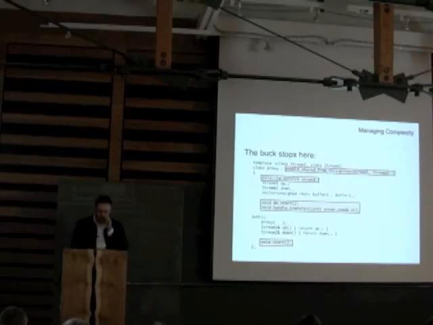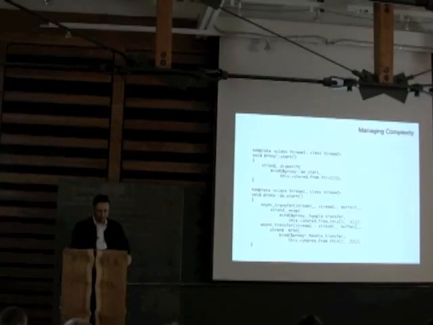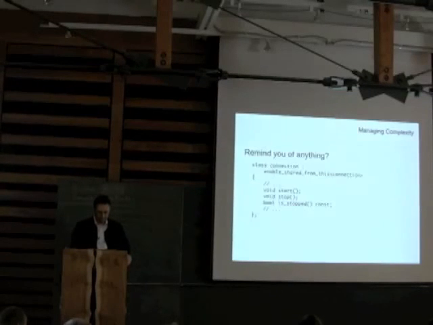Okay, so the other approach is the buck stops here, and it looks fairly familiar because it uses enable shared from this. It uses shared pointers. In this case, you're really implementing, so let's skip through, the equivalent of the top level class.